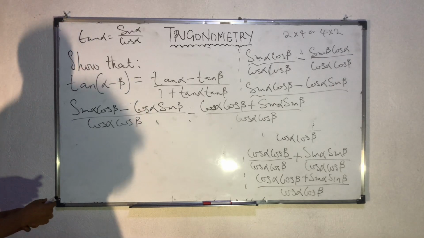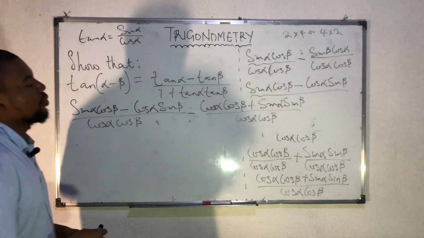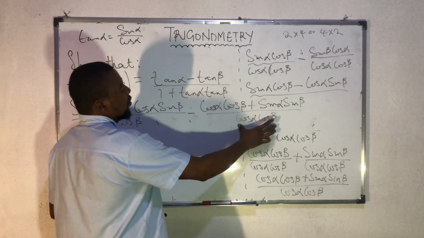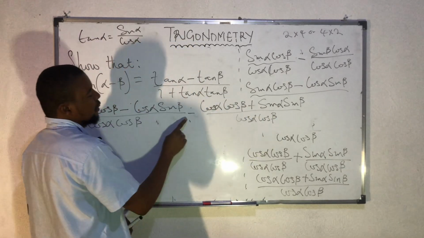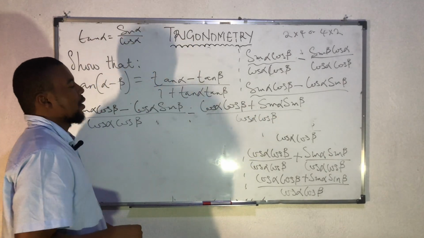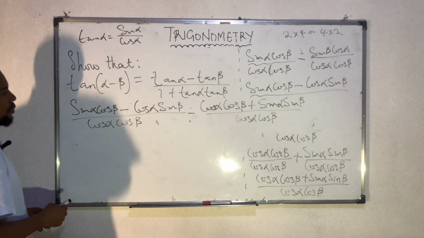What's the next thing to do at this point? We're going to take the reciprocal of the one on the right and change the sign from division to multiplication.